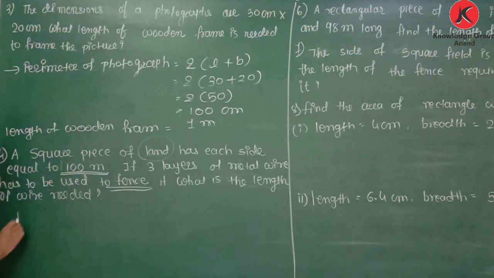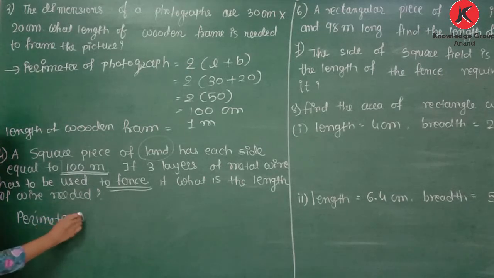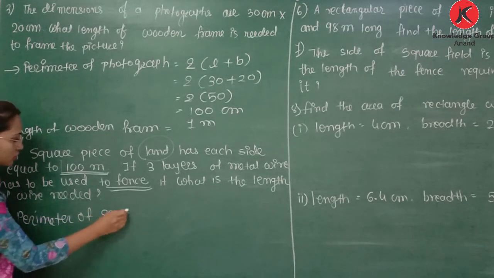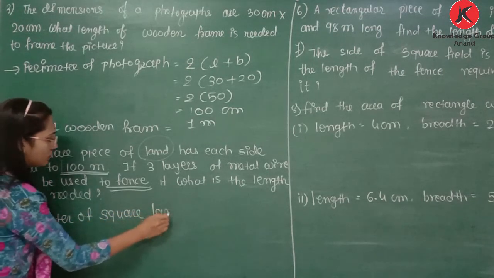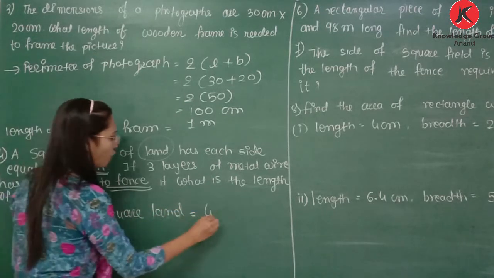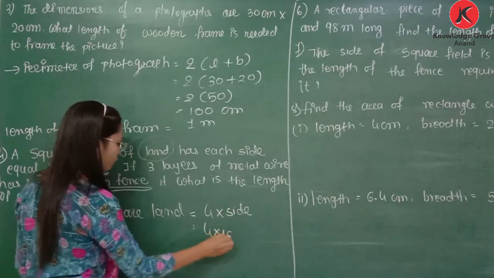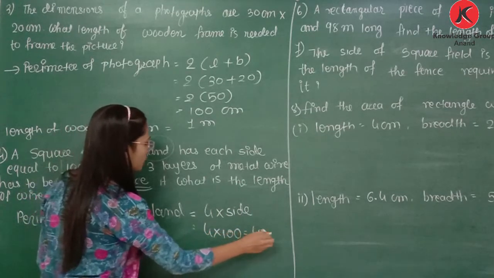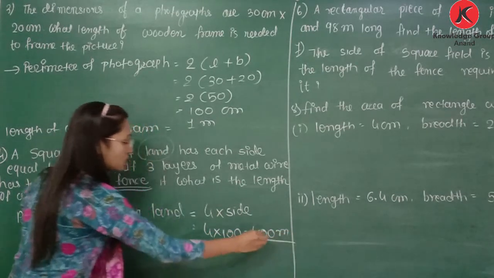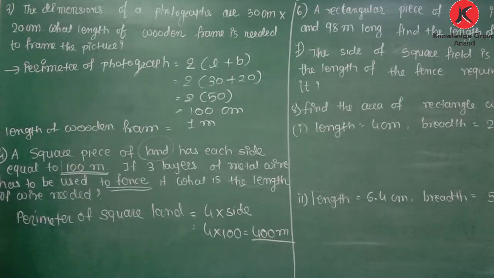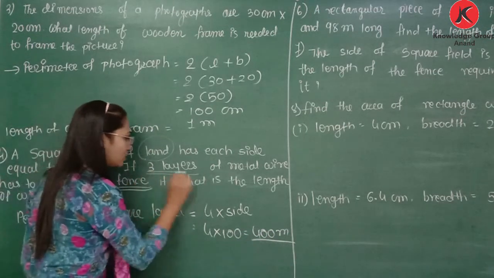So let's find perimeter of square. Perimeter of square is 4 multiply side. So 4 multiply 100, that is 400 meters. So this is a perimeter. Now this is the distance when we cover it only one time, when we move one time, but we need to take 3 layers.